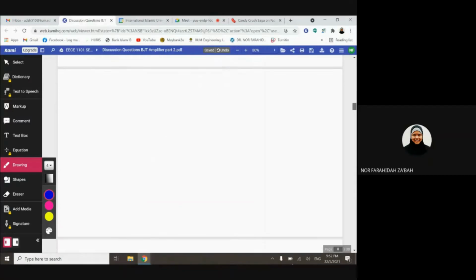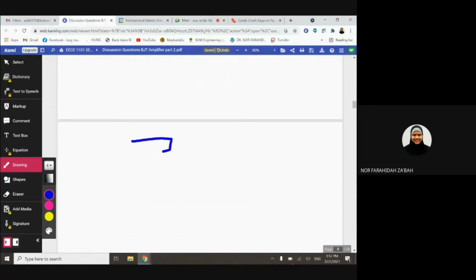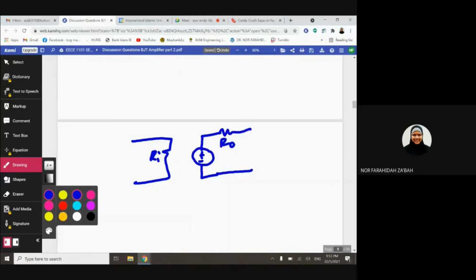Now you're going to connect the voltage amplifier block that we have obtained. Okay, so this is Ri, this is R0. Now only you're going to connect it with the Vs and the RL.